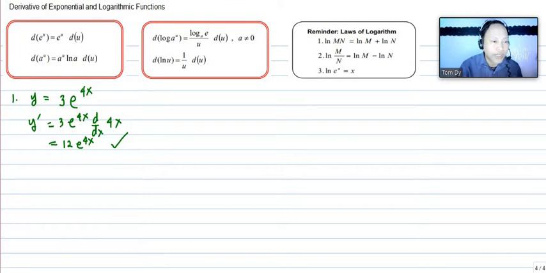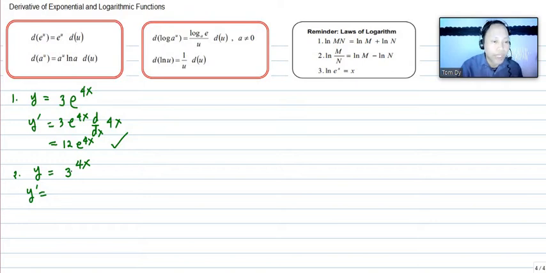Now, another example, let's say y equals 3 to the 4x. This is the derivative of a to the u. This is our a. Take note, a is our constant, 3 to the 4x, so a to the u. So we will be using this formula. So we have y prime, the derivative of a to the u, equals a to the u.